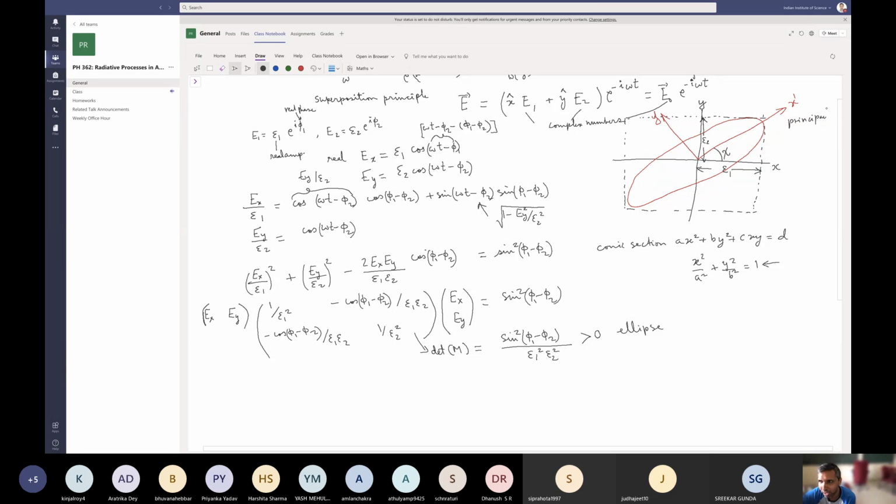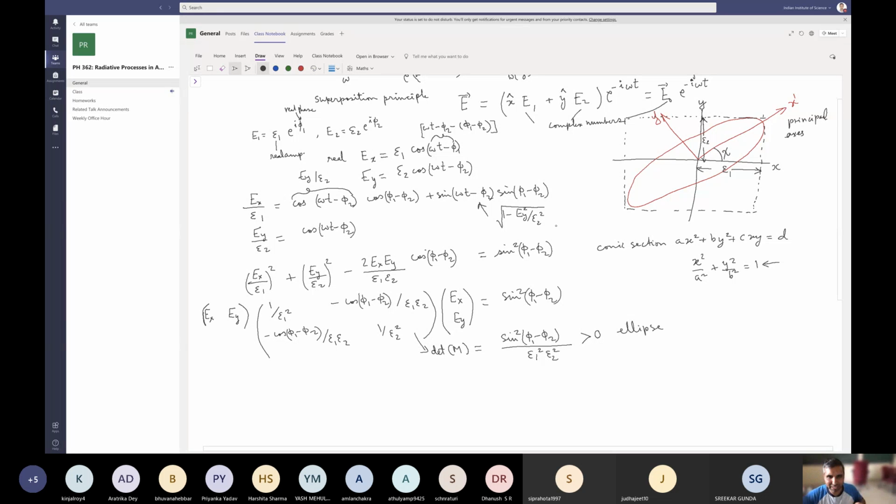Okay. Now this is my claim, that I can always rotate my axes such that the form of the ellipse becomes simpler. Okay. So this is a little bit of coordinate geometry and trigonometry.